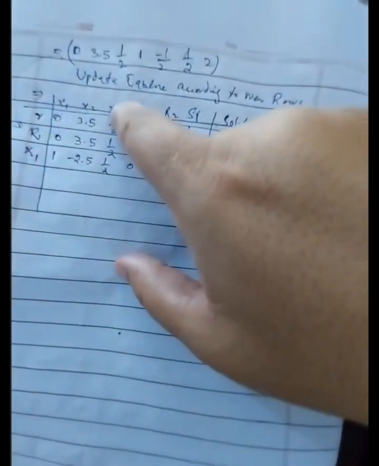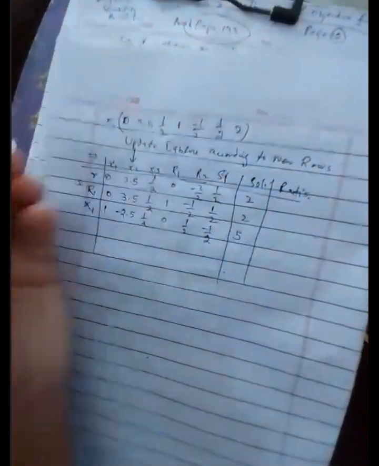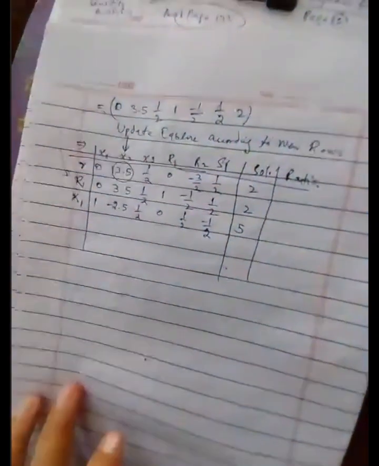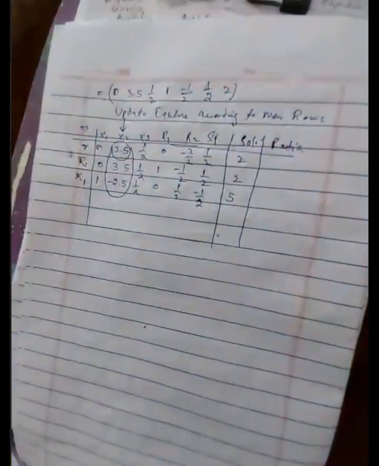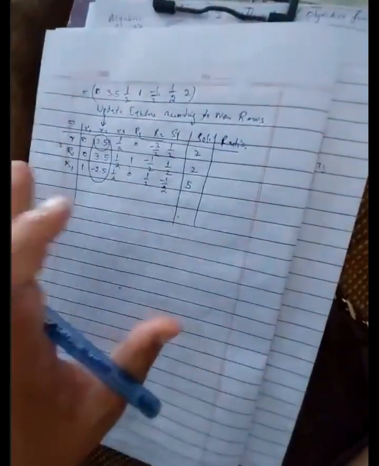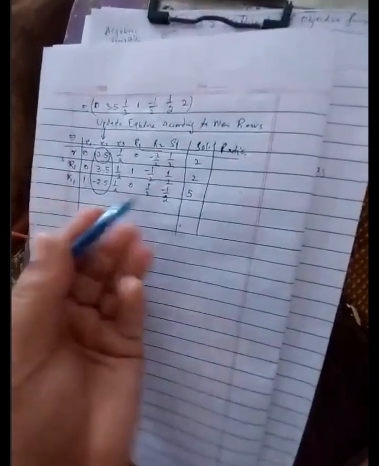Now we see that we still have x3 and x2 as positives. So the maximum positive is x2. So x2 will enter, and this is the pivot column. Now we will do the ratios, and we will find out the leaving variable and what we call the pivot row.